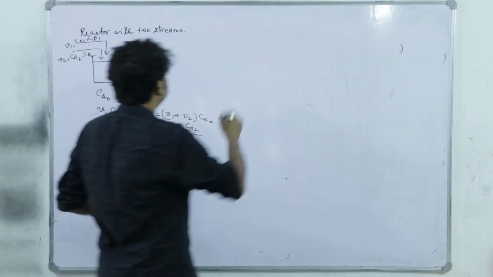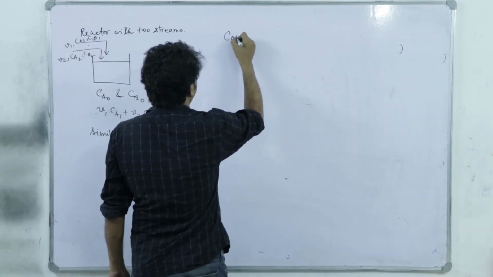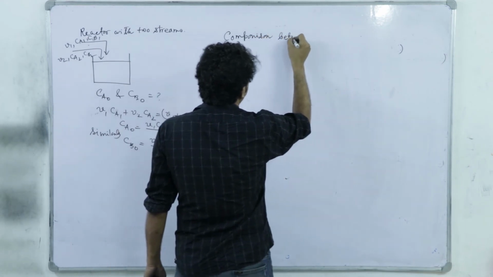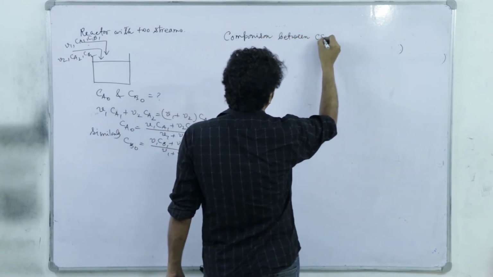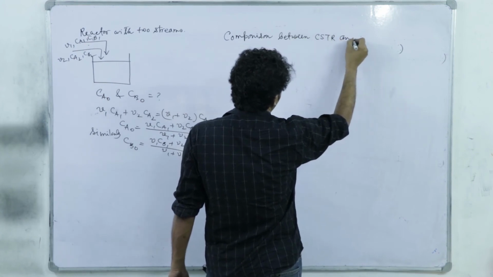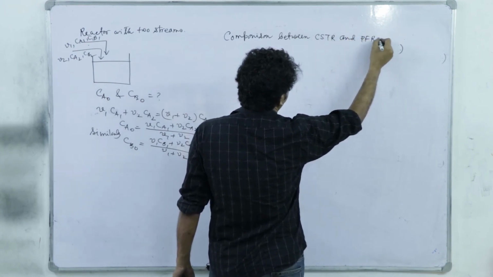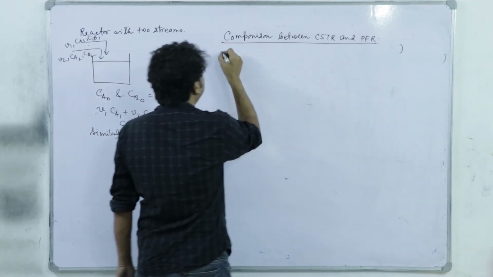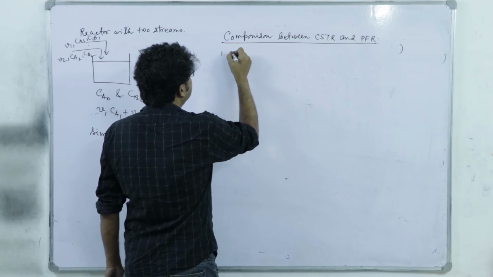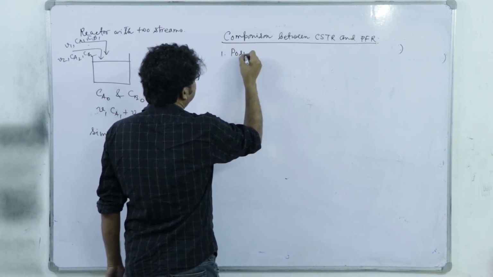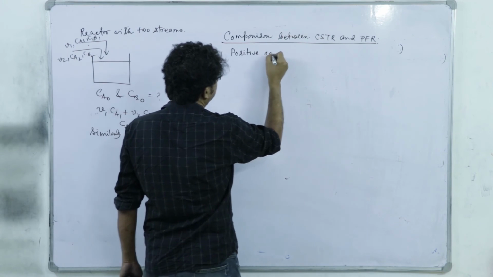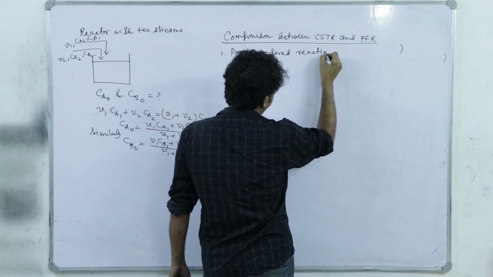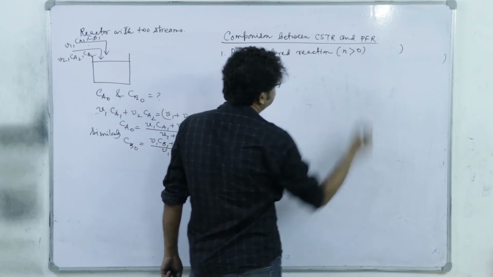So you see we are going to have a comparison between CSTR and PFR, right. So first, positive order reaction, n greater than 0, right.